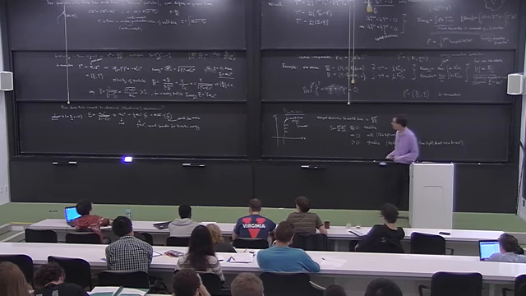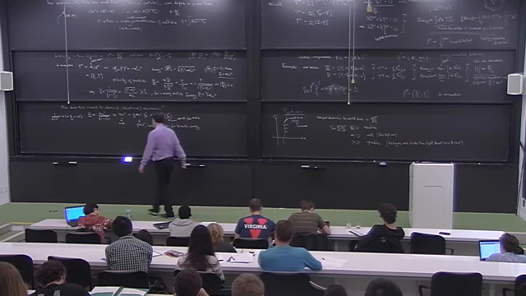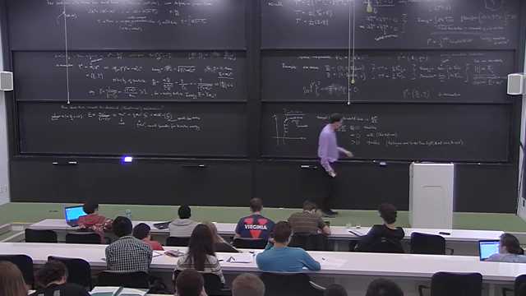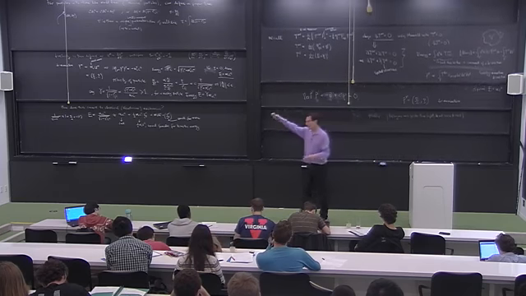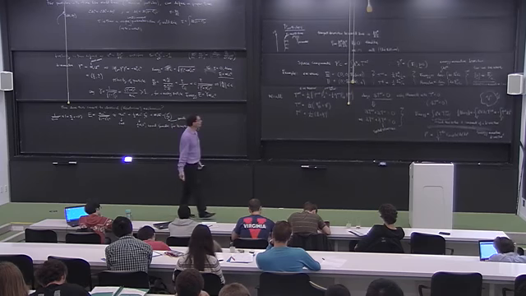Before we do that, I want to derive the Lorentz force. So this is the other aspect of electromagnetism, that particles moving in an electromagnetic field feel a force from that electromagnetic field.